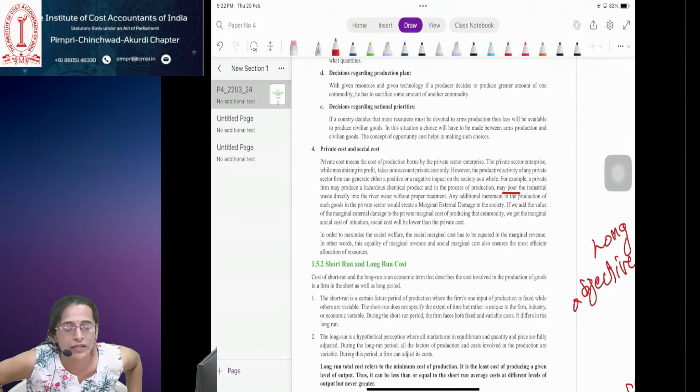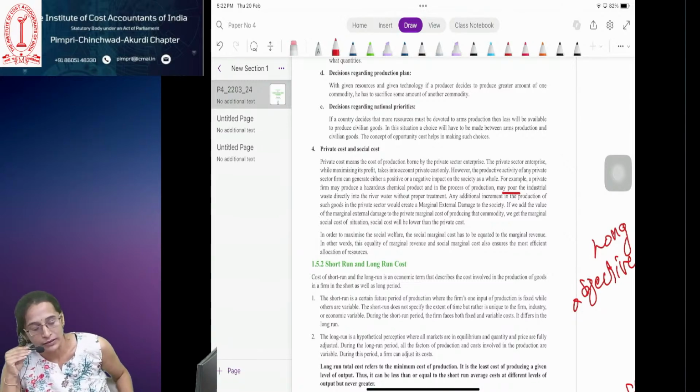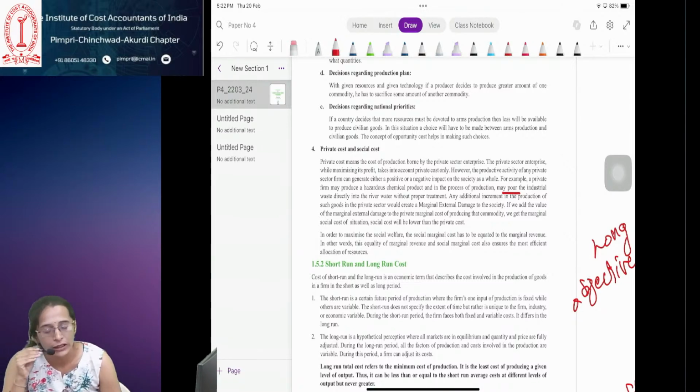See, what may happen in private organizations in the case of producing units is that they may do some things which are not socially correct. Suppose I am a private organization, I am producing something and there is some chemical which is released during that process.